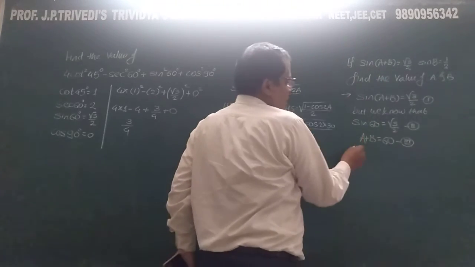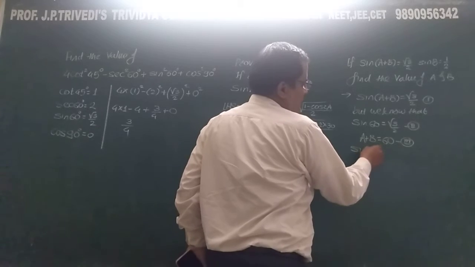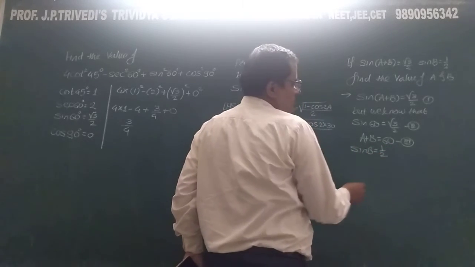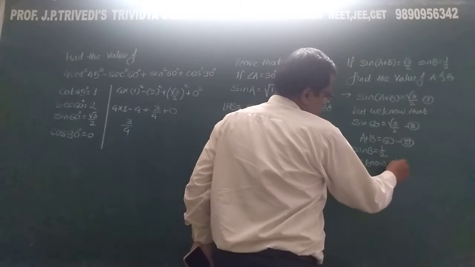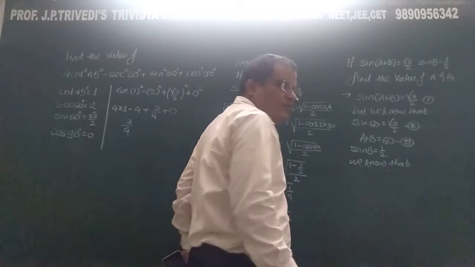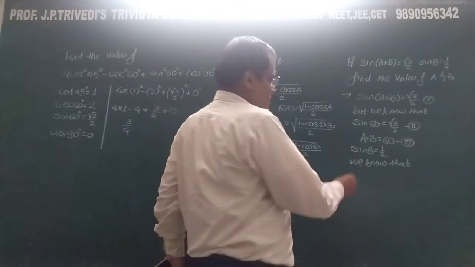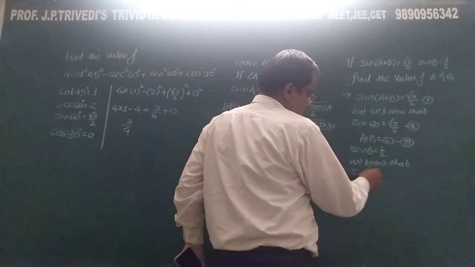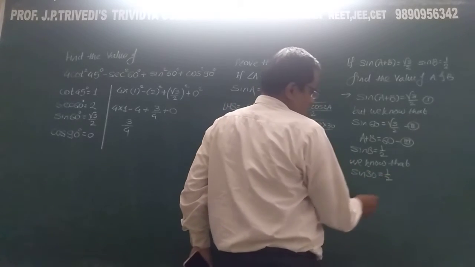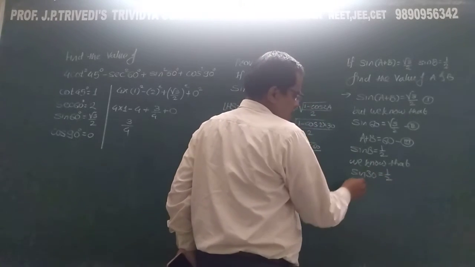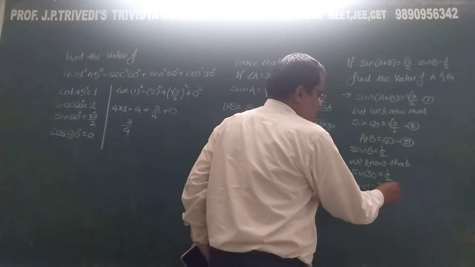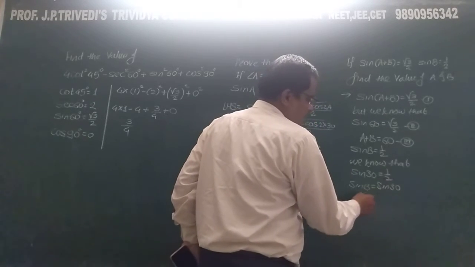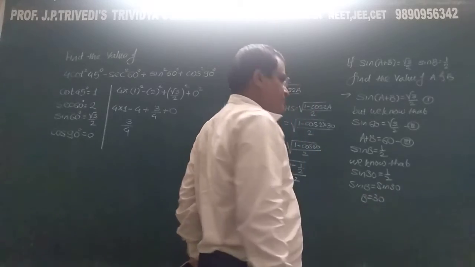Now sin b is equal to 1 upon 2. We know that sin 30 is equal to 1 half, and therefore sin b is equal to sin 30, so b is equal to 30.